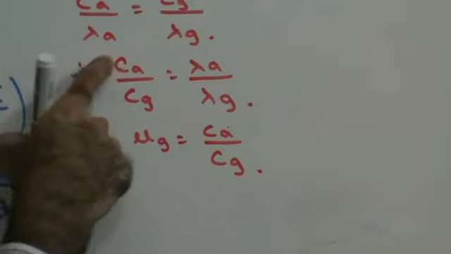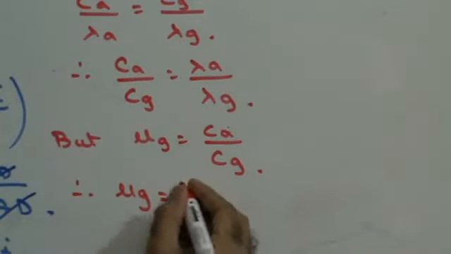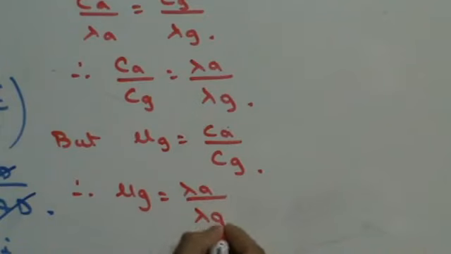Therefore, instead of Ca upon Cg, I can write refractive index of glass is lambda A upon lambda G. Right?